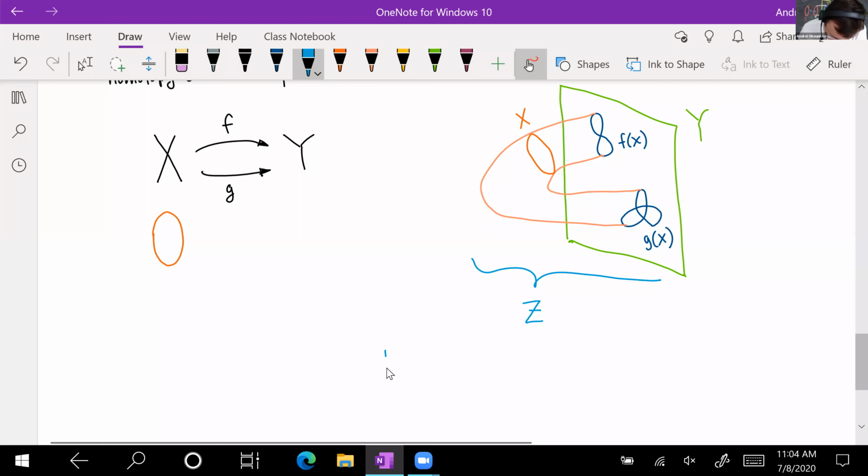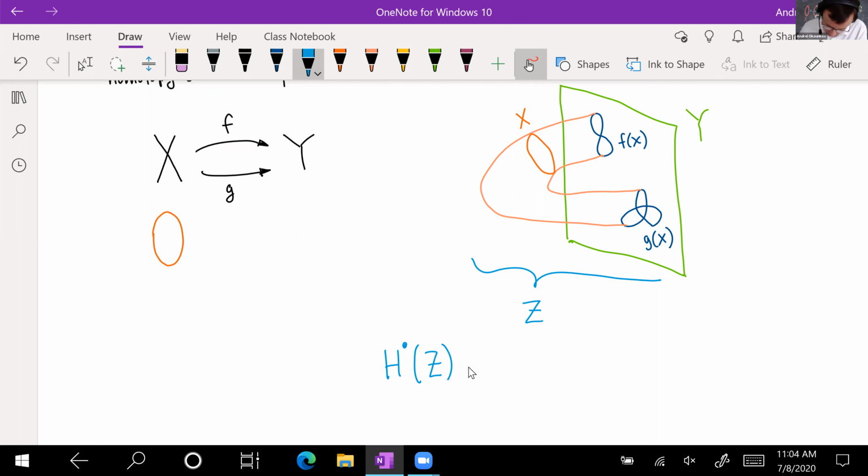So then the cohomology of Z, what would we like it to be? Exactly, that's right. So it's a co-equalizer.